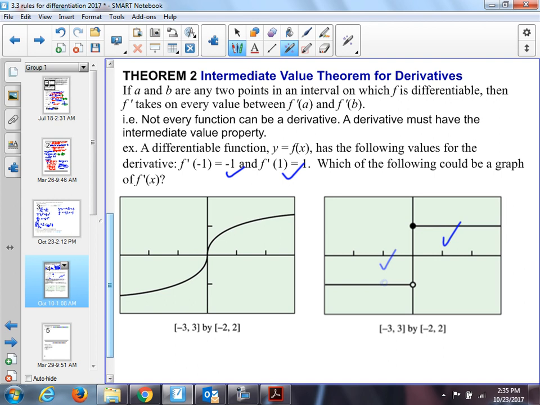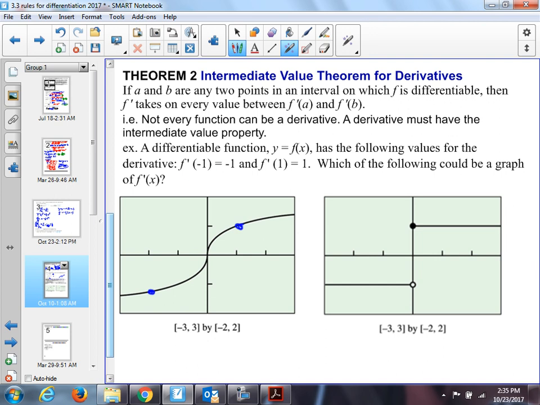But, intermediate value theorem. If you have derivatives, and I think you're thinking this through, that's good. Isn't that the derivative? Isn't that 0? Isn't it? So, no, I'm not asking you to find the derivative of these. What I'm asking you to say is, is this a possible function, is this a graph of a derivative?